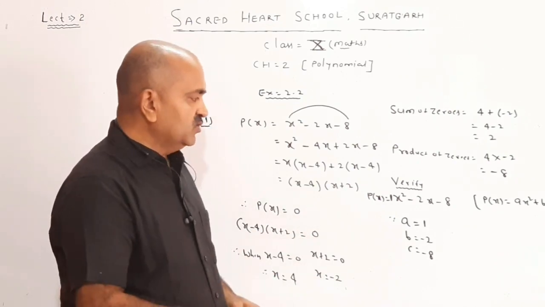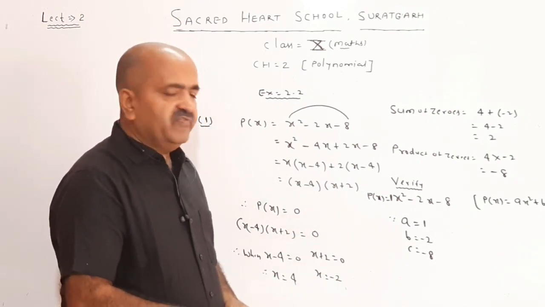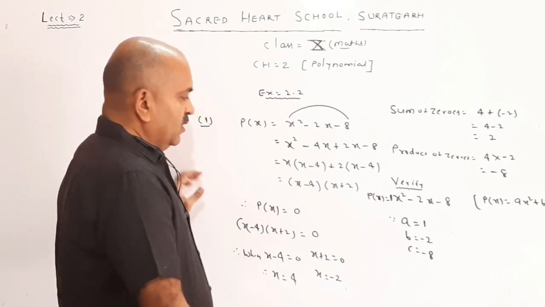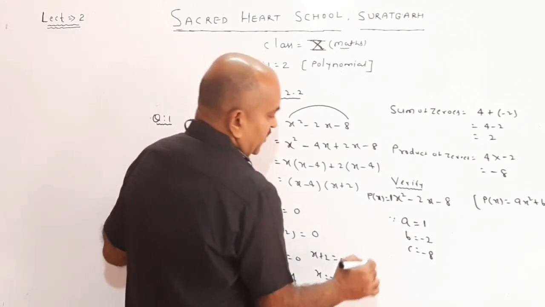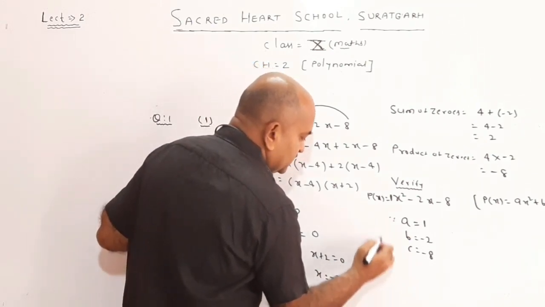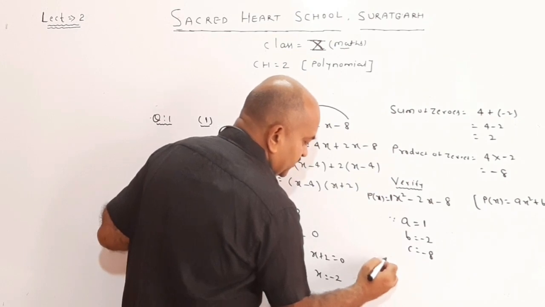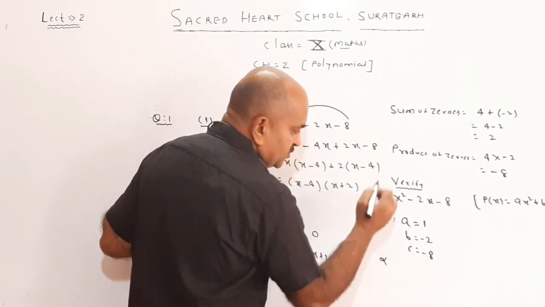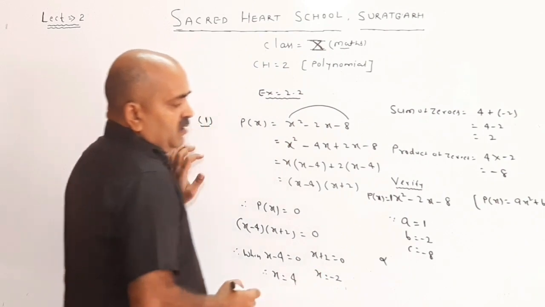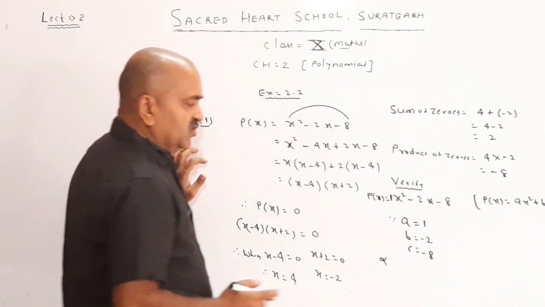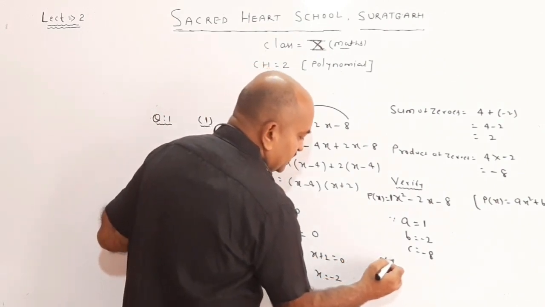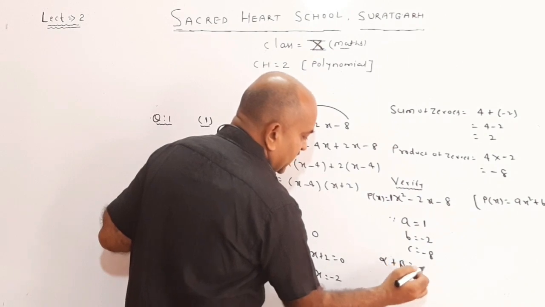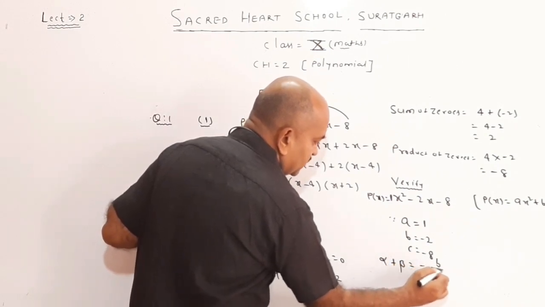Now we use the concept of verifying the relationship between the coefficients of a polynomial. Students, you know, if alpha and beta are zeros of the polynomial, then for the sum of zeros, alpha plus beta, which formula do we use?